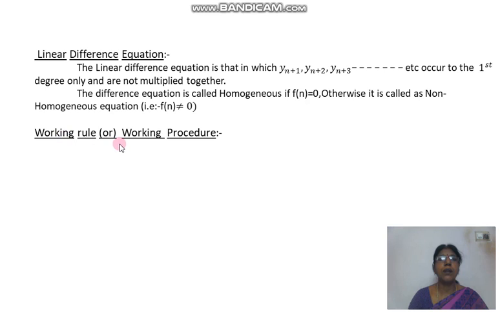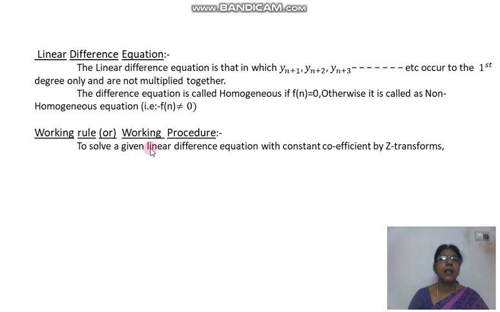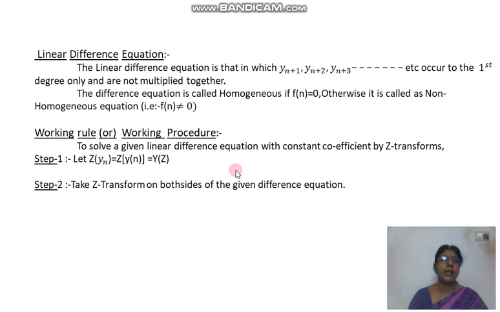Now we see the working procedure to solve the given linear difference equation with constant coefficients by using Z transforms. First step, let Z transform of y of n be y of z. Until now we wrote Z transform of f of n as f of z. In place of f we take y because the given equation is in terms of the function y.